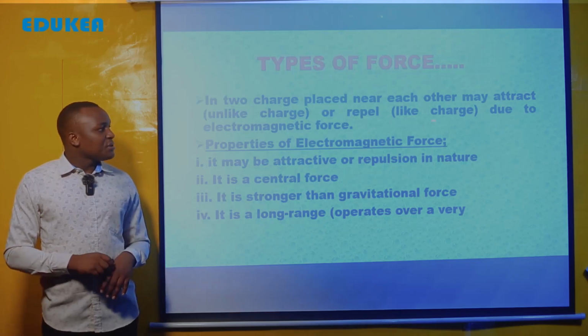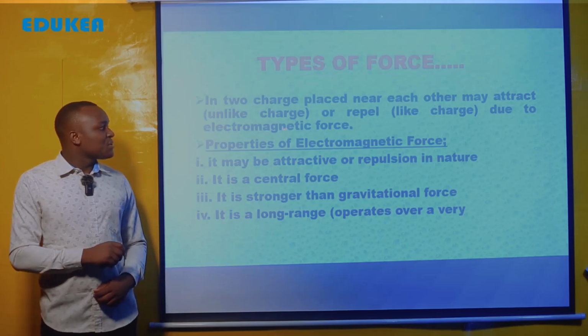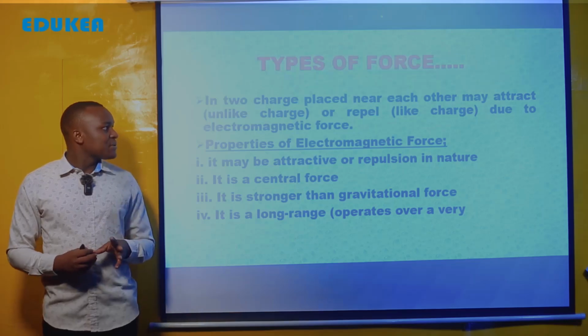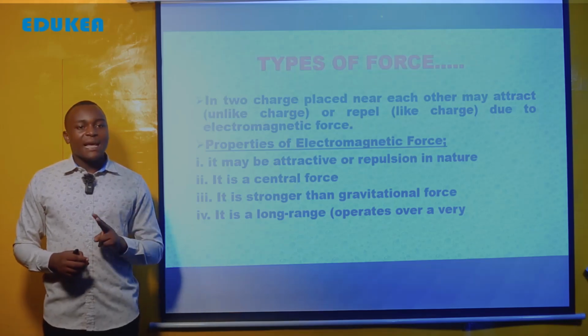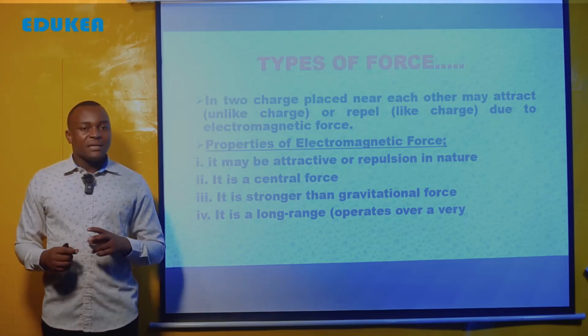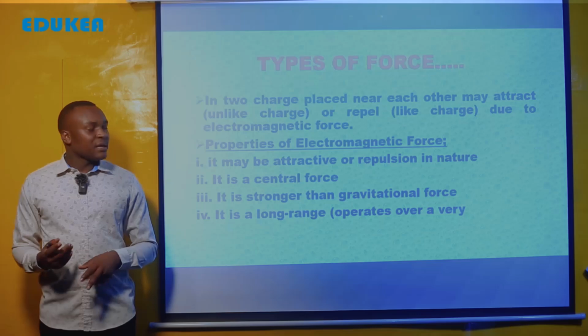The reason why they repel or attract is the force called electromagnetic force. So electromagnetic force causes two unlike charges to attract. Also, electromagnetic force causes like charges to repel.